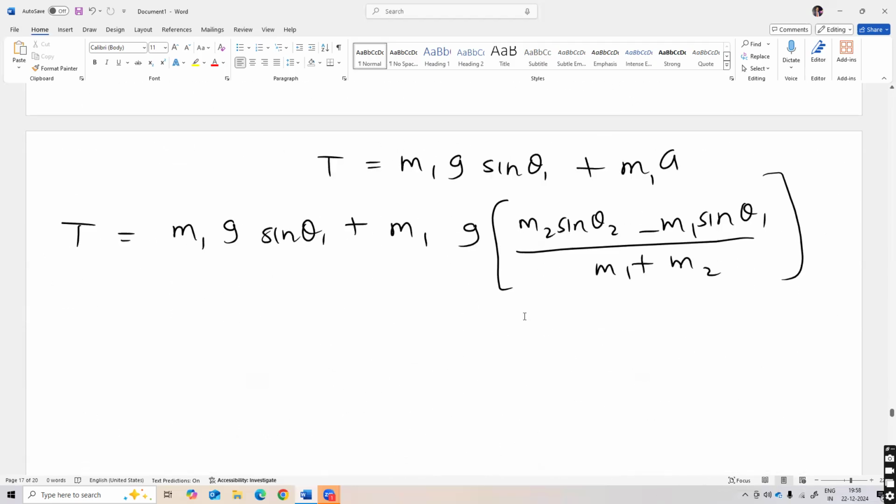Okay, so now let's try to make their denominator same. So we will multiply the first term with m1 plus m2.